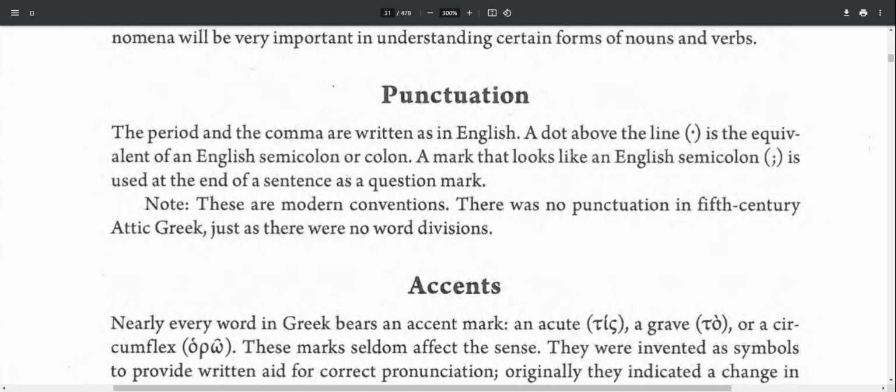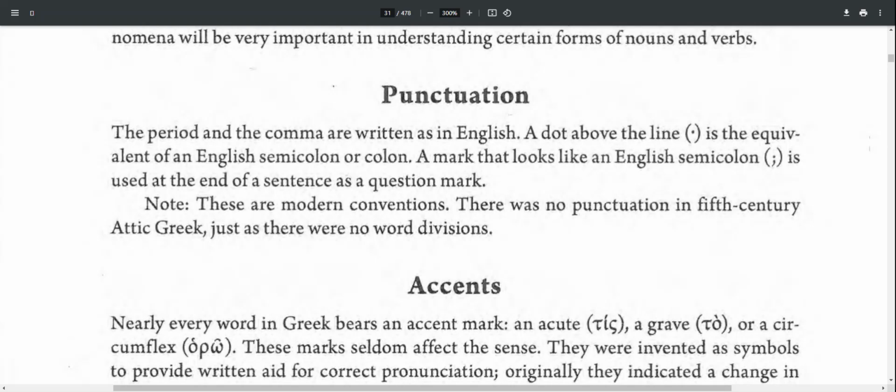Sometimes we'll introduce direct speech, a quotation, or some other divide in the middle of a sentence. And you have the semicolon, which does not have the same usage as a semicolon in English.